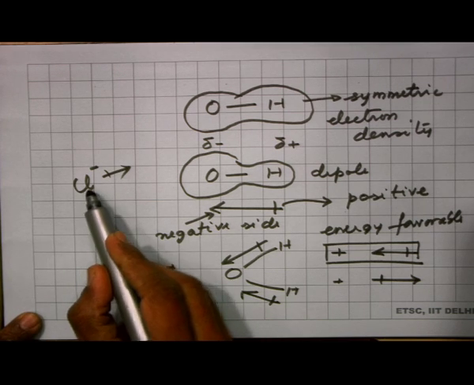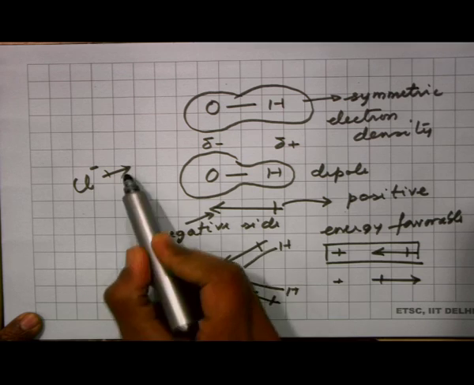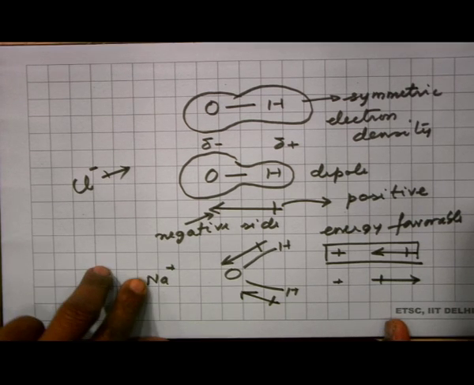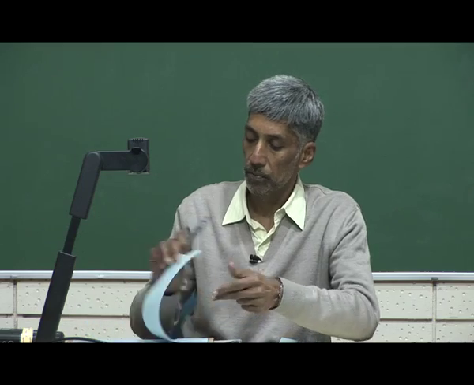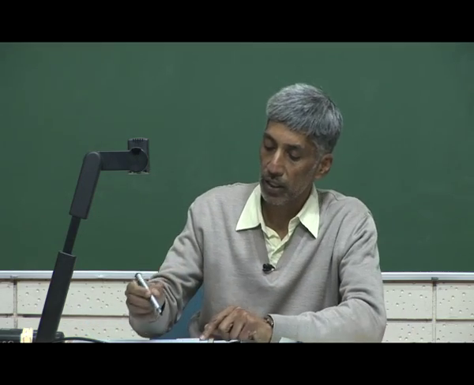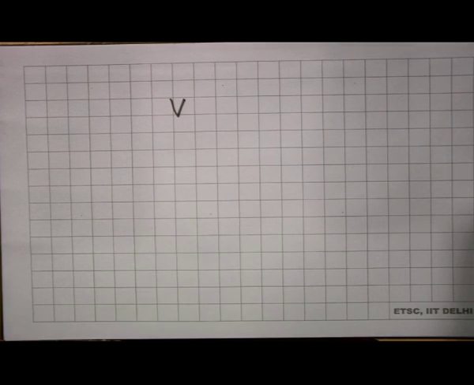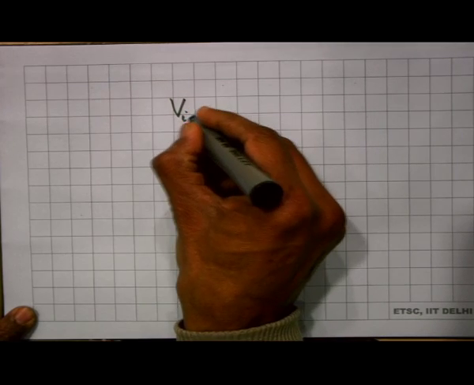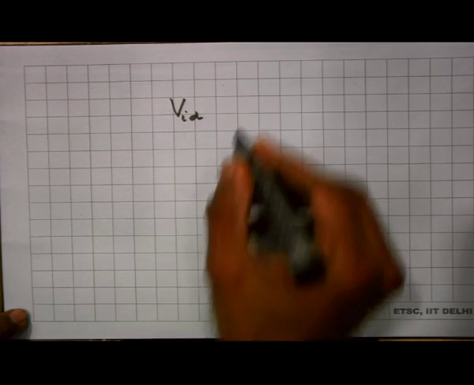So, I have this interaction of Cl minus or any ion with the dipole, and this is what we would like to see.